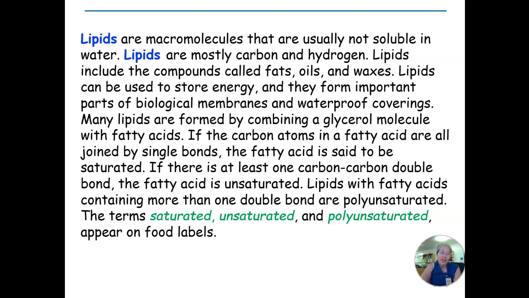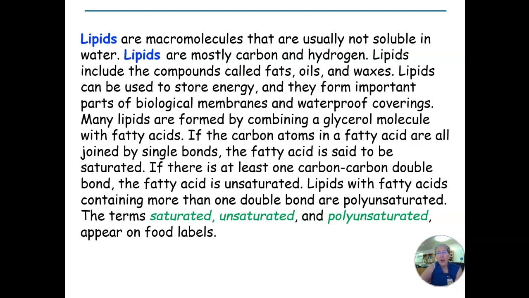What saturated means is that in your chain of carbons, let's say we have 200 carbons attached to each other, each one of those is going to have 2 hydrogens associated with it. It's saturated with hydrogens.